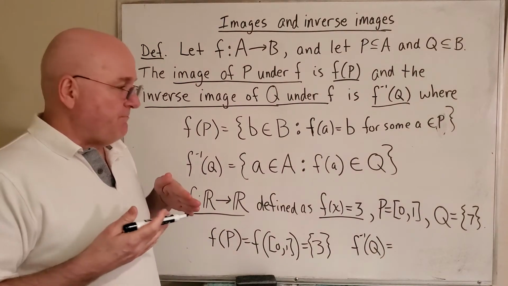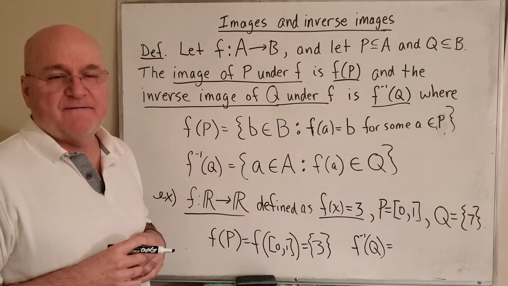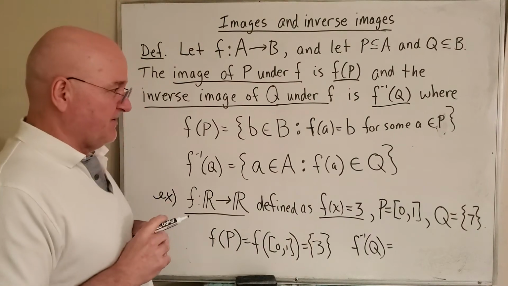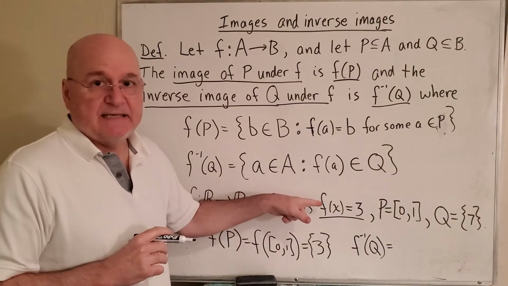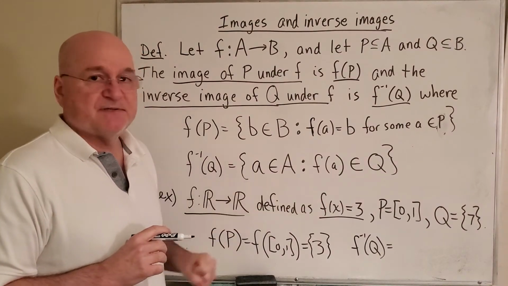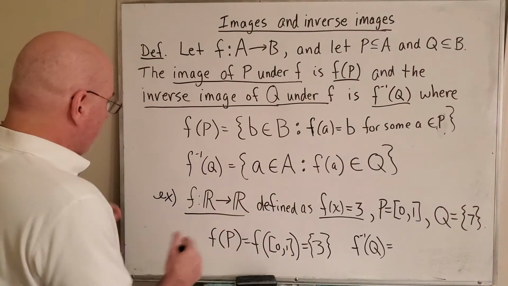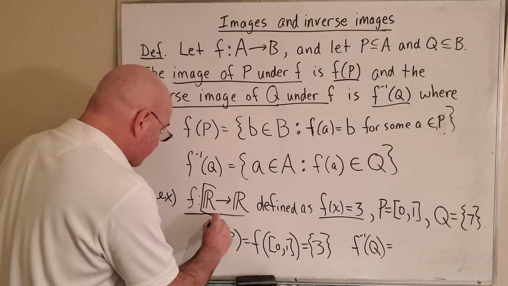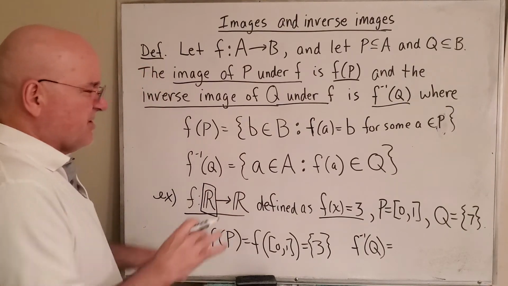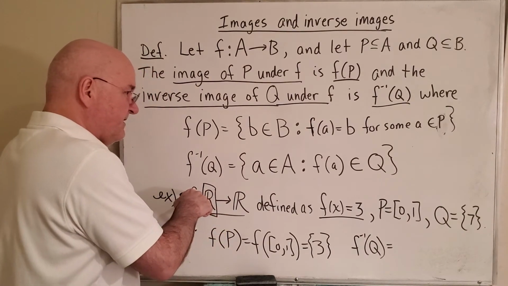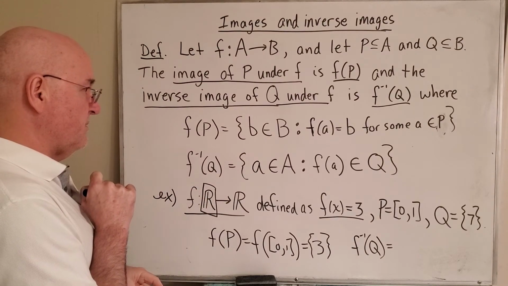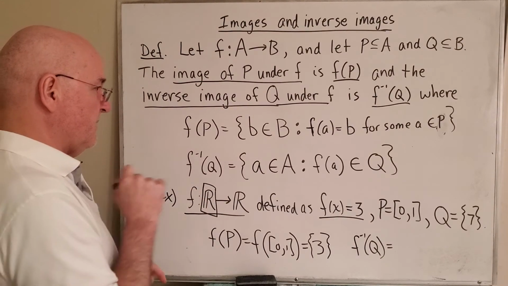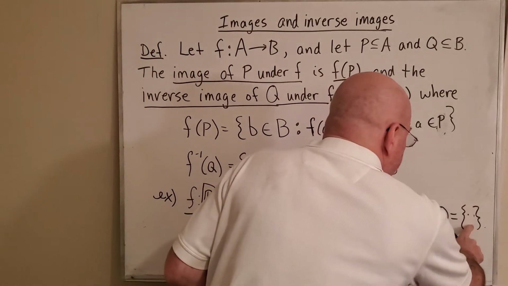What numbers get mapped to 7? Now here's the tricky part. It doesn't say what numbers in P get mapped to 7. It's what numbers in this set. I'm sorry, what numbers in, let's see, what did I do wrong here? This needs to be 3, I'm so sorry.